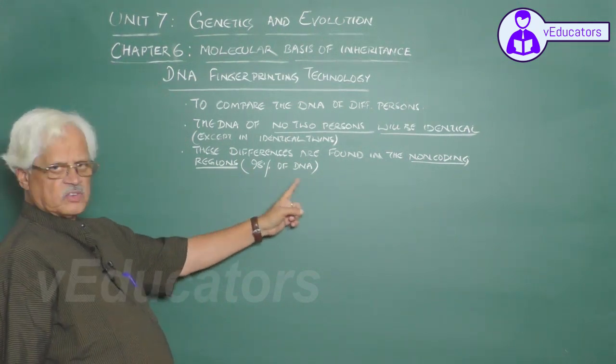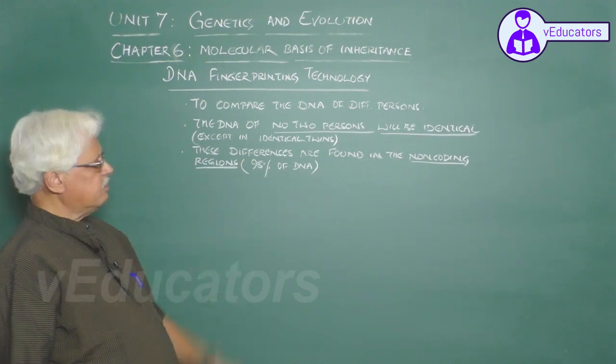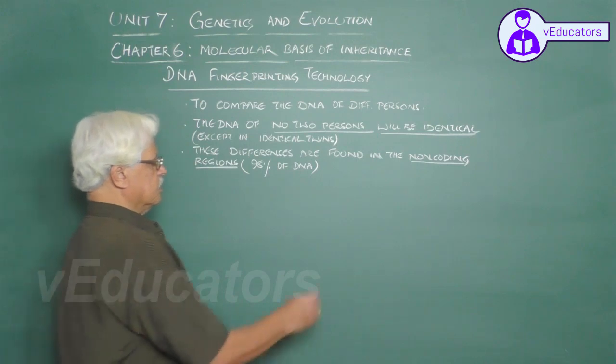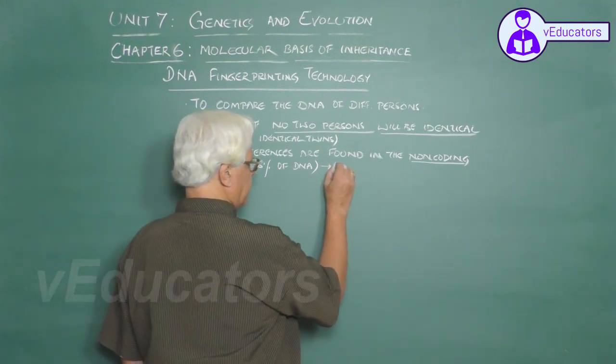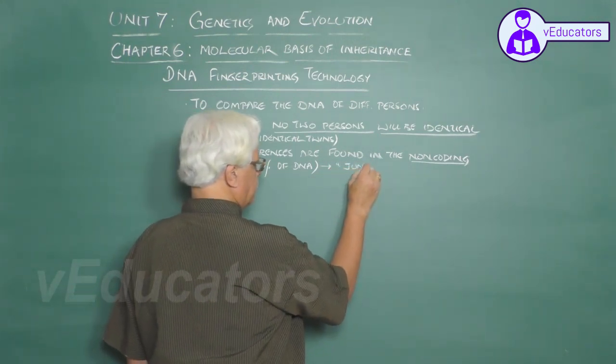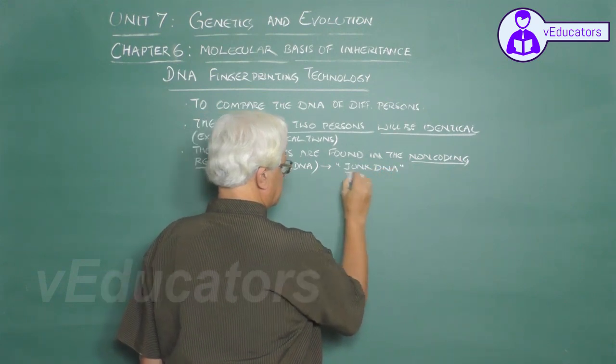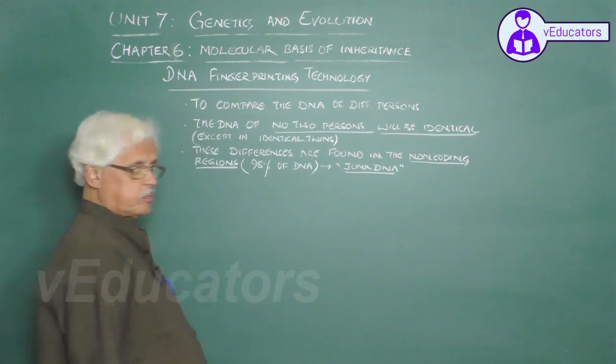About 98% of the DNA does not function as genes. So non-coding regions, this part of the DNA, is commonly described as junk DNA.